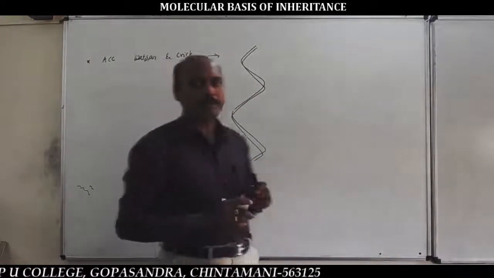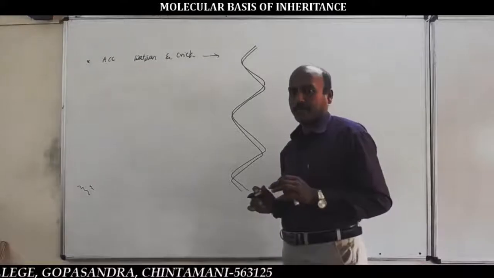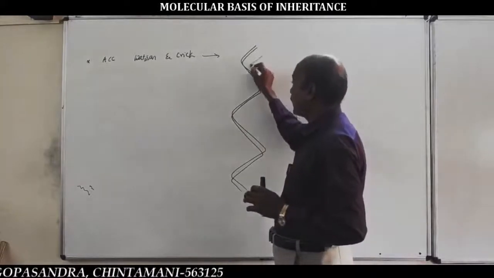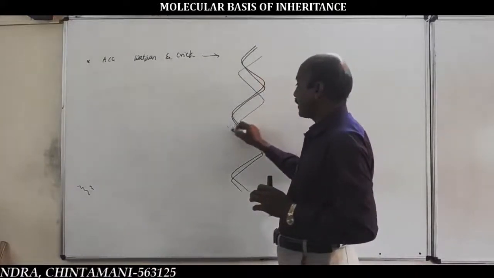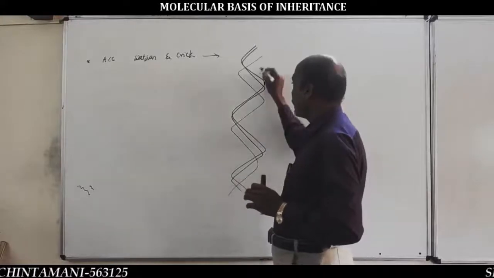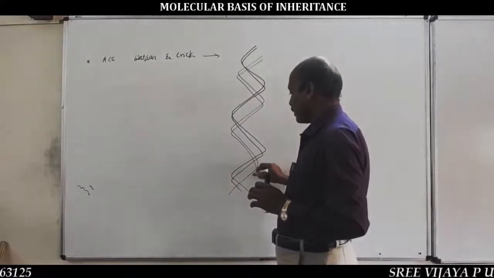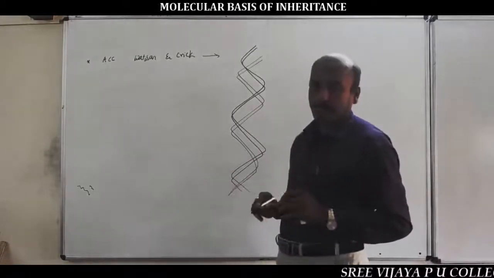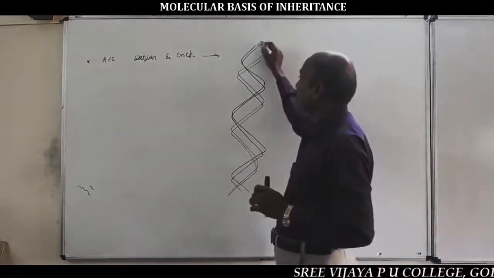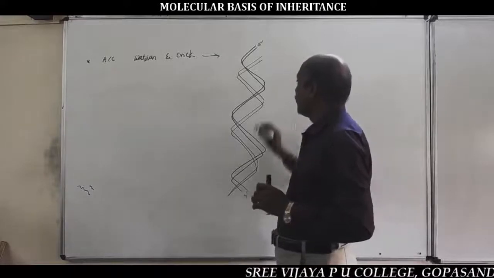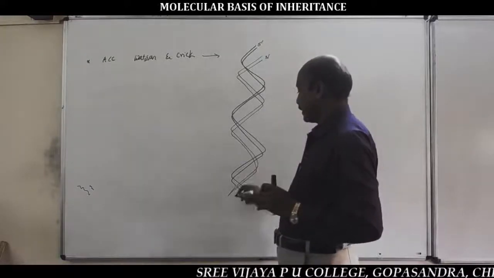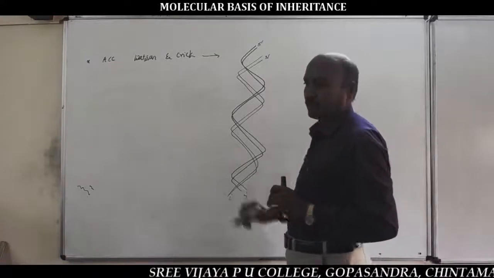They are complementary and in an anti-parallel arrangement, an anti-parallel direction. That is, in one strand the phosphodiester bond linkage is in the 5' to 3' direction, and in the other it is in the 3' to 5' direction.